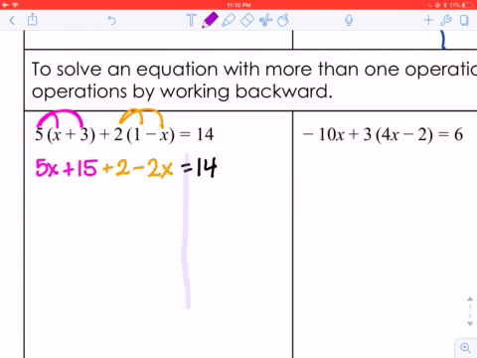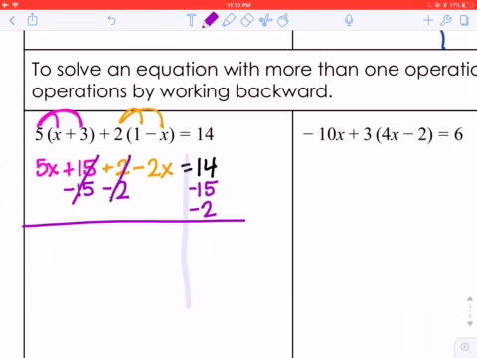So let's see, I'm going to get rid of 15 by subtracting 15. And I'm going to get rid of 2 by subtracting 2 on both sides. It might look a little different than how you've seen it before. I just did 2 steps at one time. That's okay. If you want to combine like terms first, that's okay too.